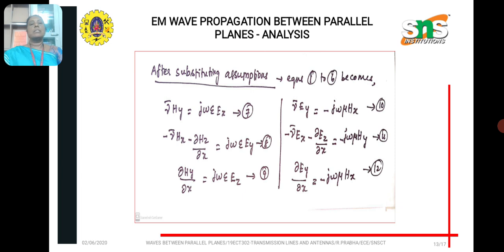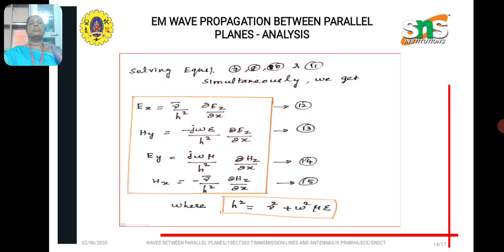It is marked as 7, 8, 9, one set of equations, 10, 11, 12, another set of equations. In order to get the final field equations, these two sets are simultaneously solved, and the final equations are Ex, Ey, Hx, Hy. These four equations are given. Here h squared is gamma squared plus omega squared mu epsilon.